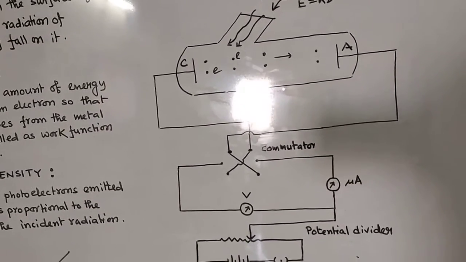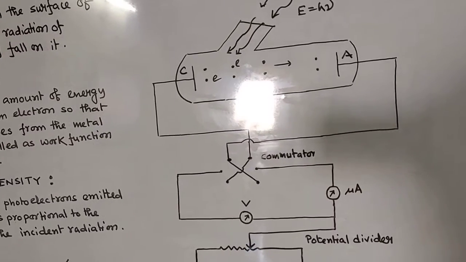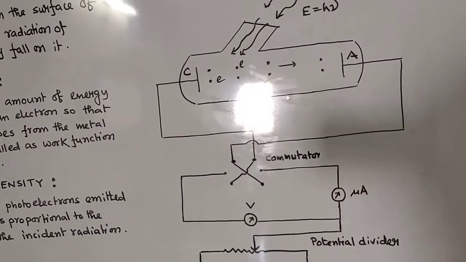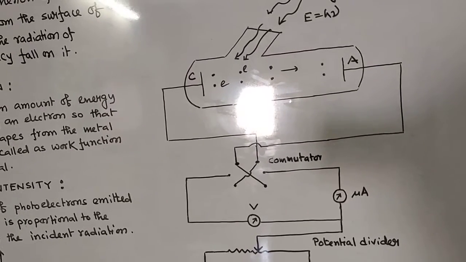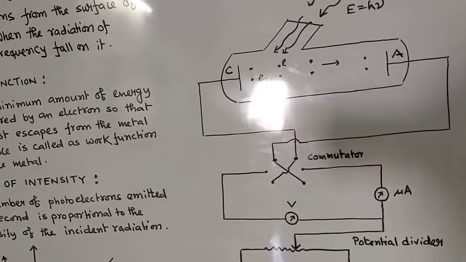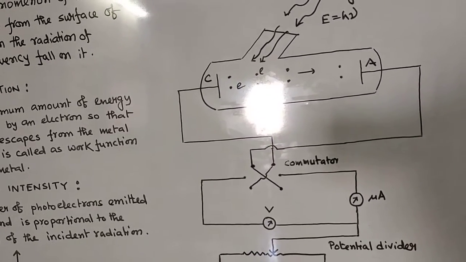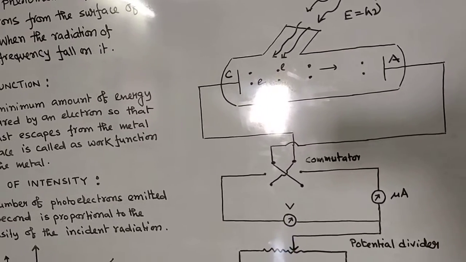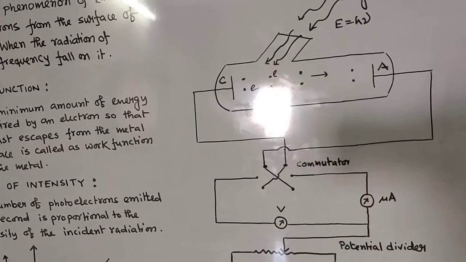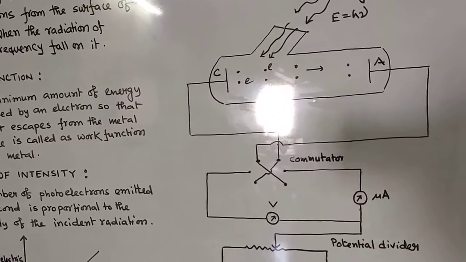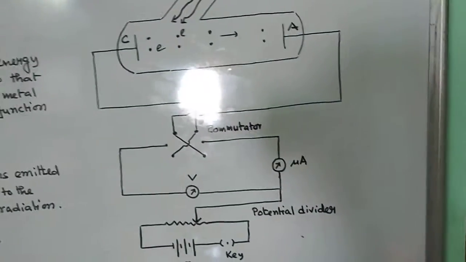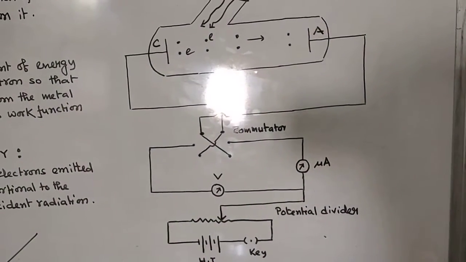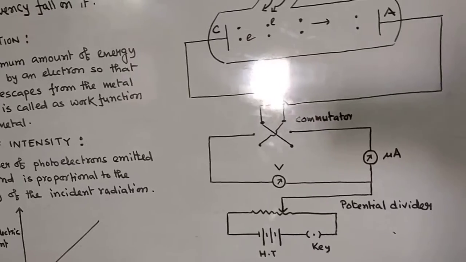And if we make A more negative and C more positive, then there may be a possibility that no electrons move from cathode to anode. That potential which we have given across C and A, due to which no movement of electron occurs, is nothing but the stopping potential. So to stop emission of electrons, we have to make A negative and C positive.